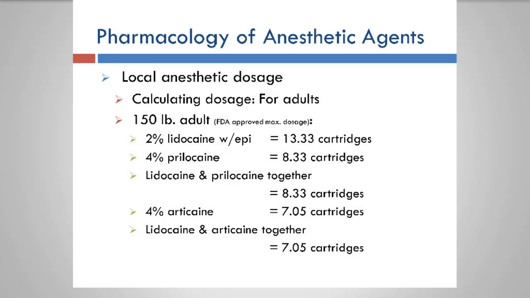That's 8 cartridges. If I'm using a mixture of lidocaine and articaine together, I've already exceeded the maximum safe dosage for that patient. And I don't really want to get anywhere near that maximum safe dosage, let alone risk exceeding it. So you just want to be careful about what you're doing and how much you're using.